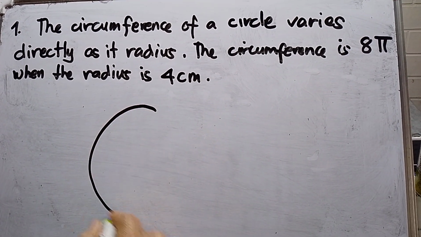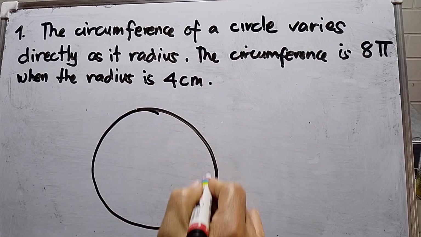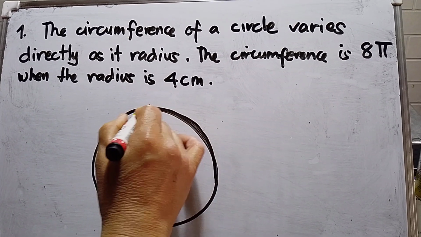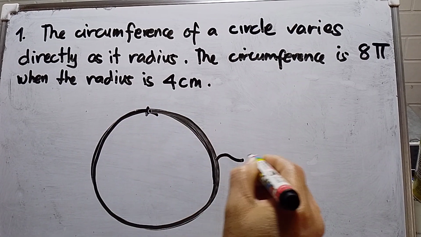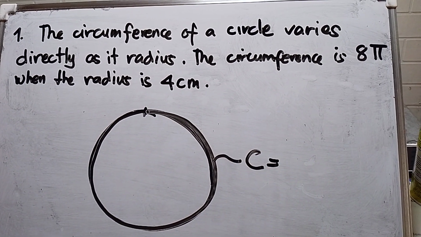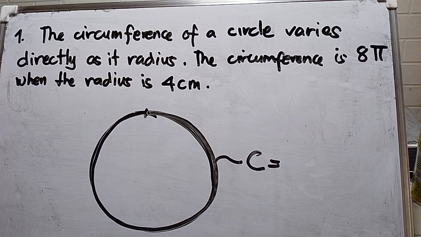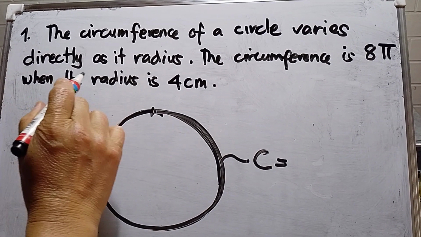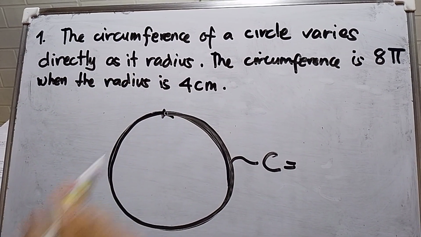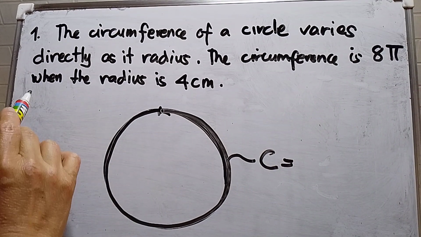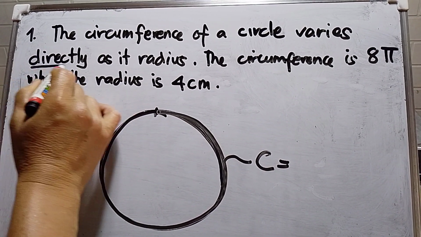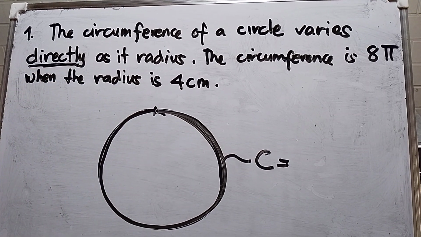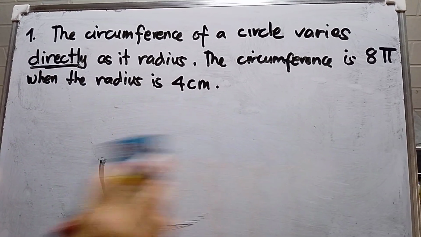Circumference means this one is the circumference, from here, then go back to the original point. Now, the circumference of a circle varies directly as its radius. The circumference is 8 pi when the radius is 4 centimeter. So take note of the word directly. So meaning this is direct variation.